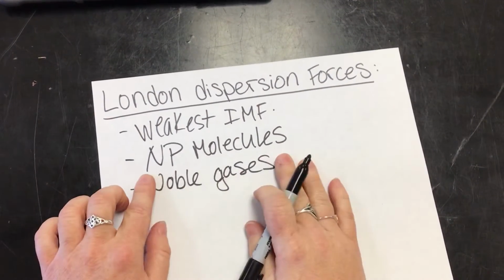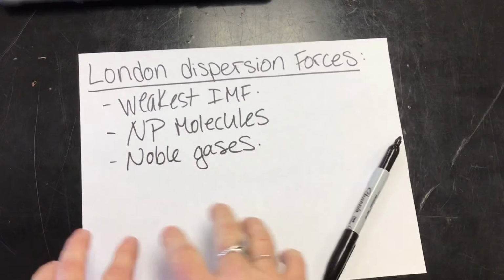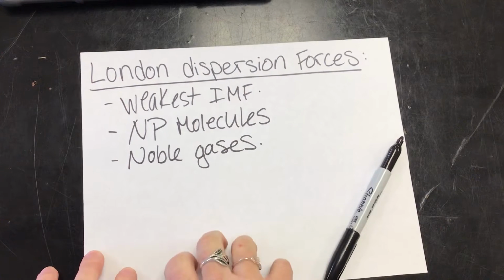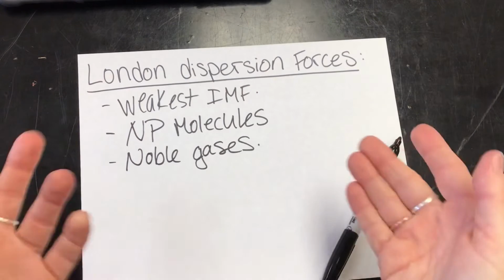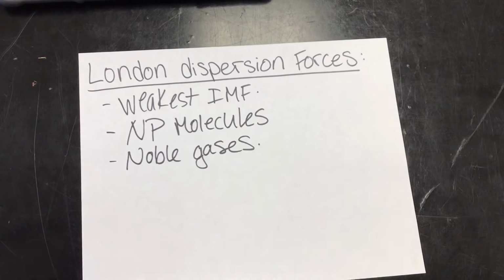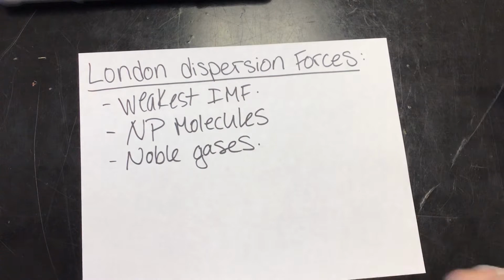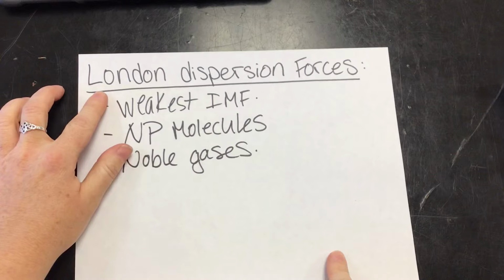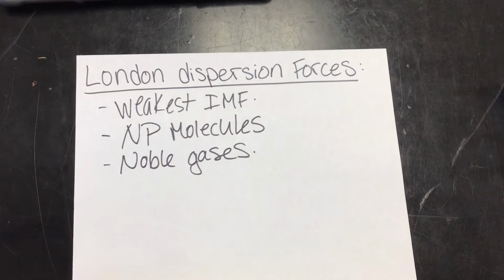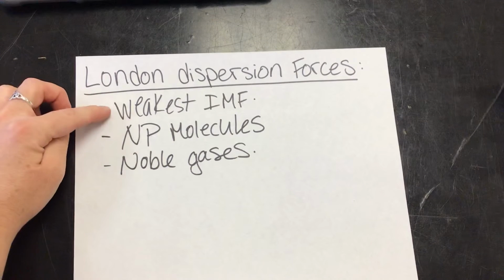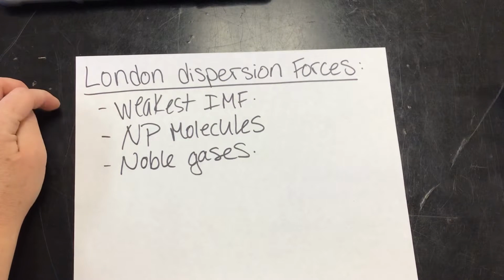Now remember, nonpolar molecules don't create a dipole. Electrons are evenly shared throughout the whole thing, and noble gases just exist floating around. But they can be condensed, and they do have forces of attraction when they are. So again, London dispersion forces exist between nonpolar covalent compounds and noble gases. And this is the weakest intermolecular force.